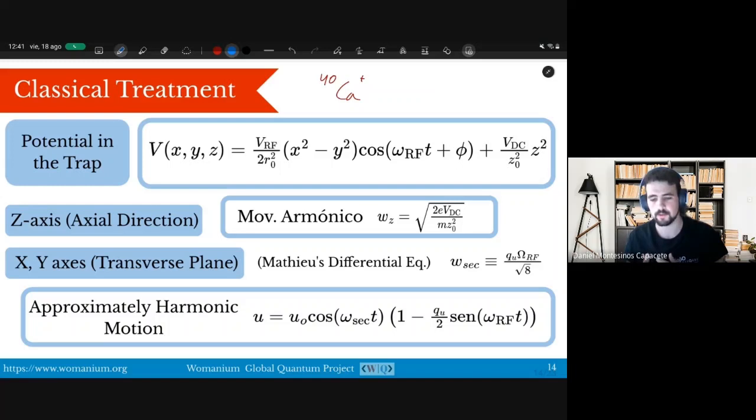This potential, an electric potential, must satisfy certain properties in order to trap the ion. So the electric potential that we are going to be using is this one that you have here.